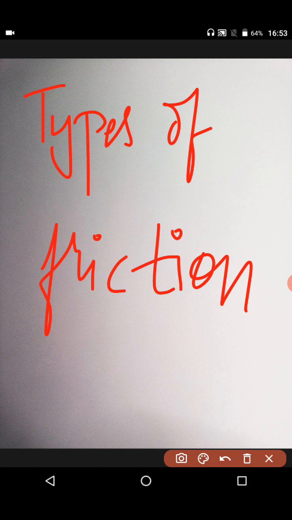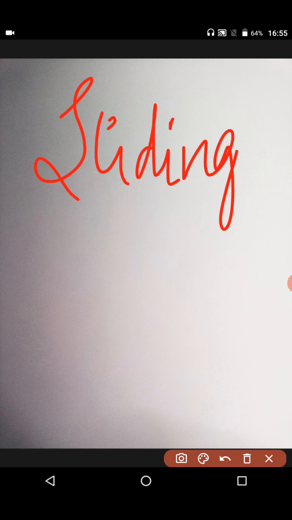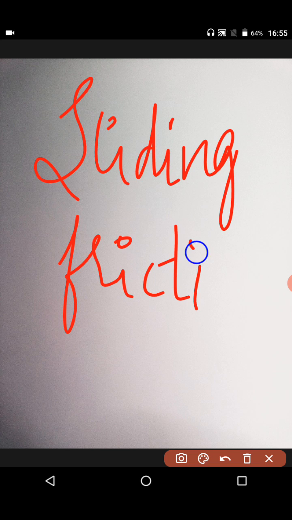Okay, so let's get started. The first one which we are going to study is sliding friction. So what is sliding friction, you will be thinking now.